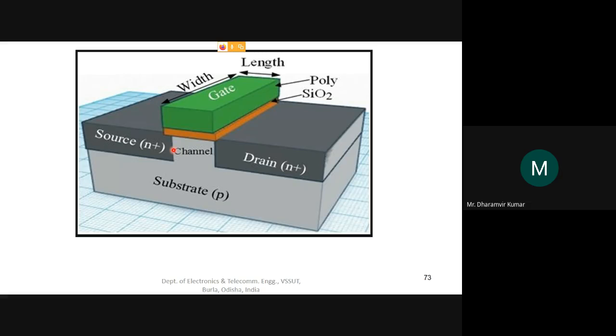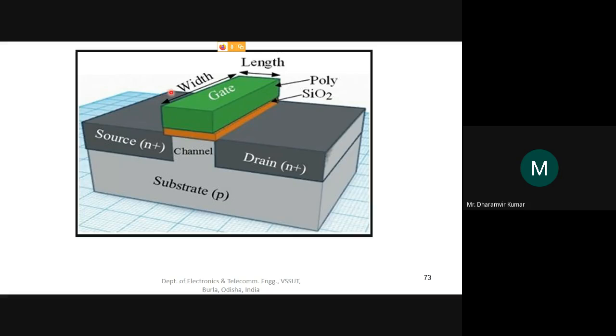Okay, and then there are several other parameters also, like you can have the dimension of this drain, this particular dimension length, and this particular dimension, that is the width of the drain. Similarly, we can have the length of the source, this particular dimension, and the width of the source, that is this one.